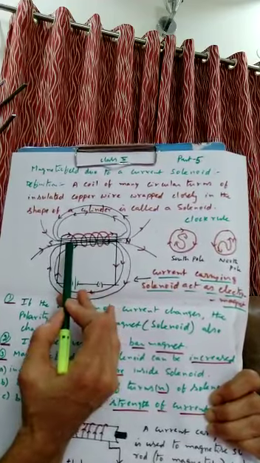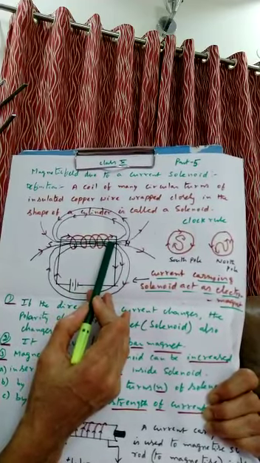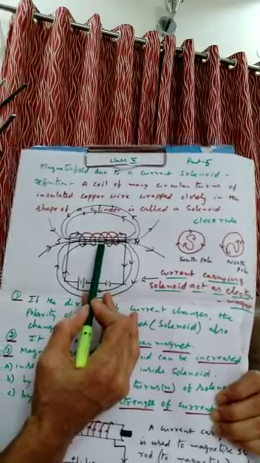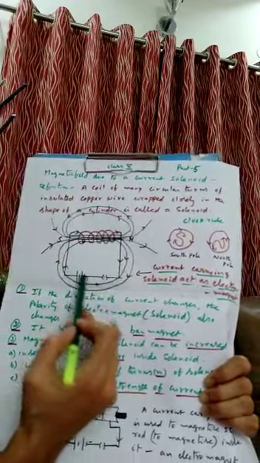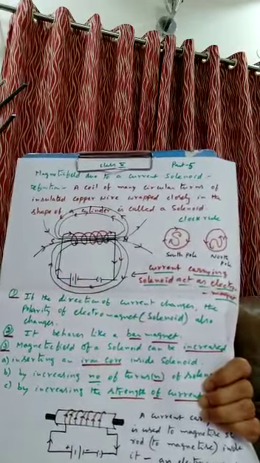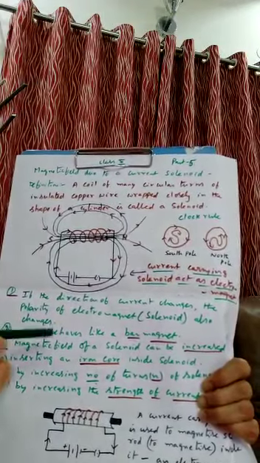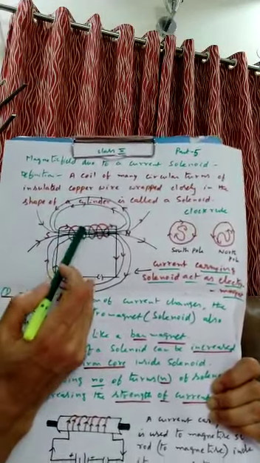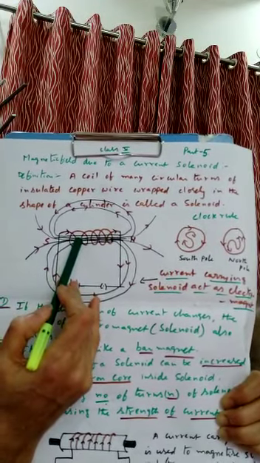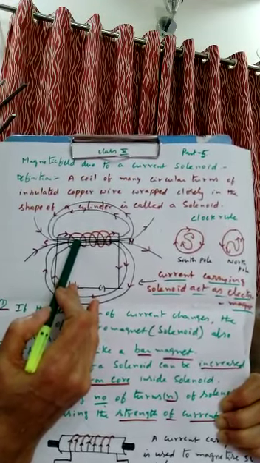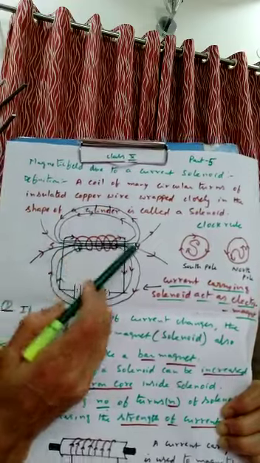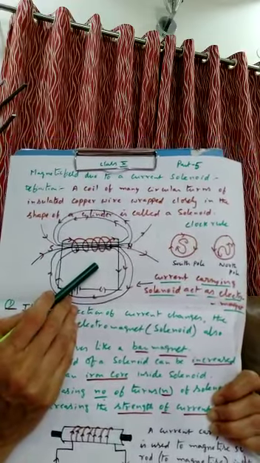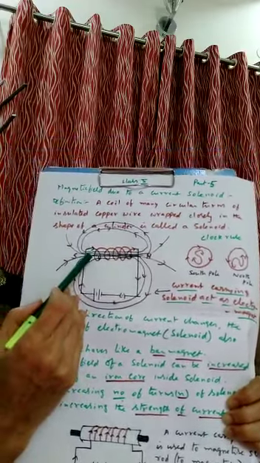Then only the field is uniform and strong inside. Otherwise, the field is strong, no doubt. But outside, the field is weak. If the windings are wound very closely and tightly, then the field is 0 outside here. Right? Okay. So the field lines start.